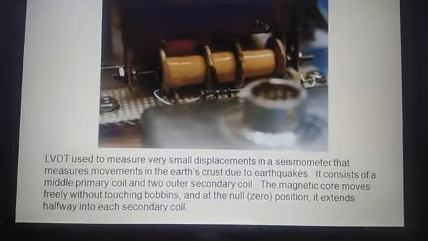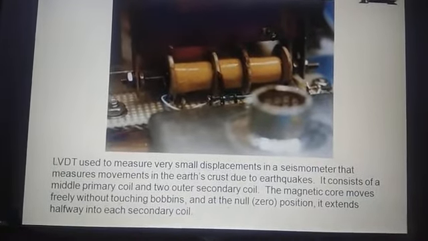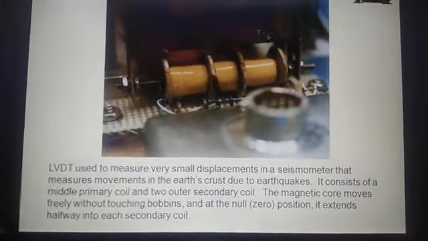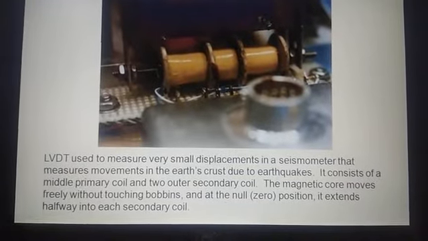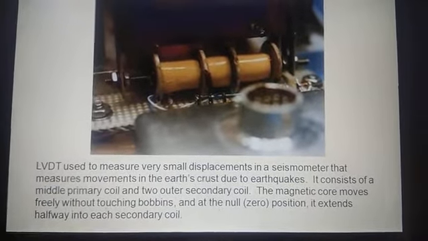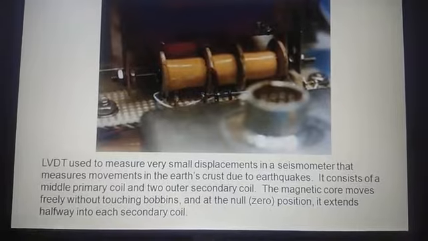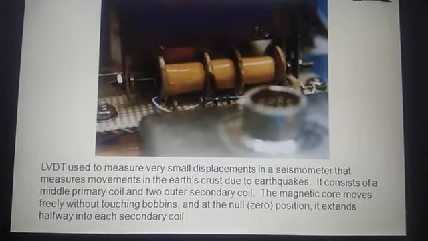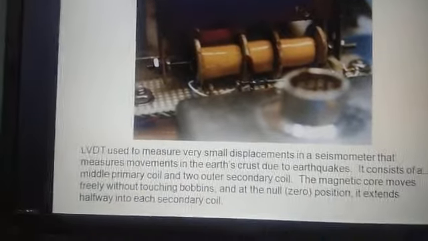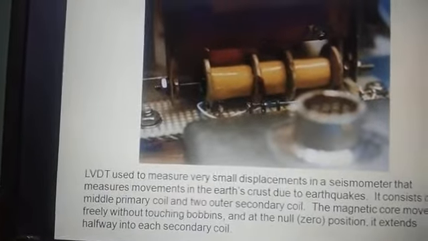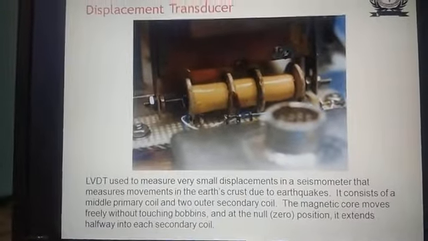The magnetic core moves freely without touching the bobbins, and at the null, that is the 0 position, it extends halfway into the secondary. We will go into the detail with this.